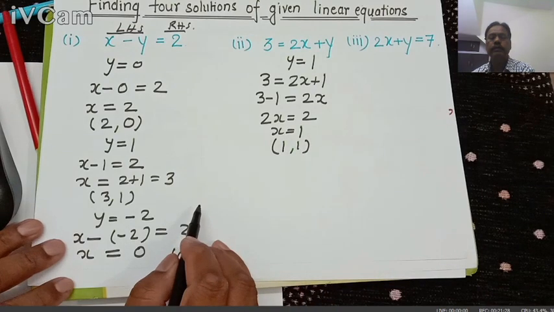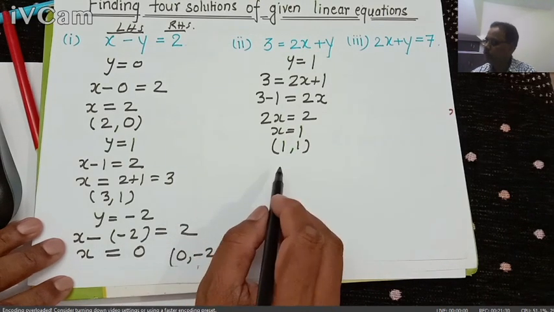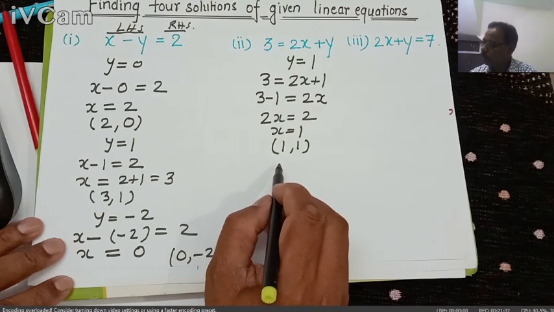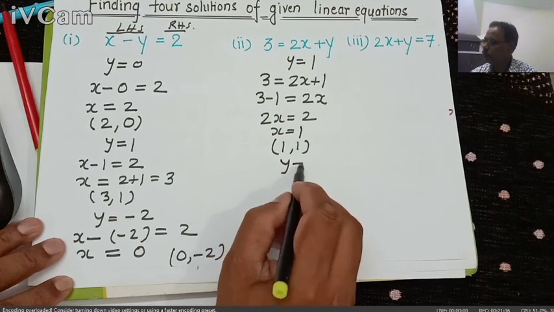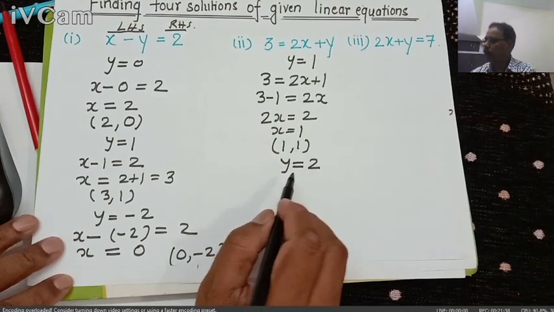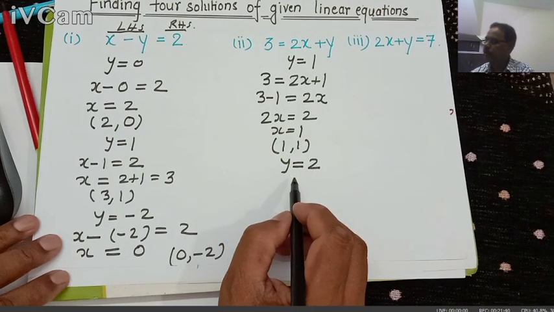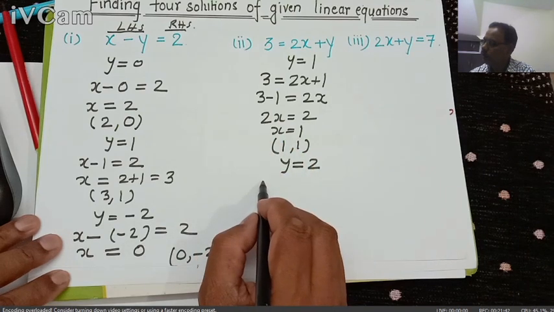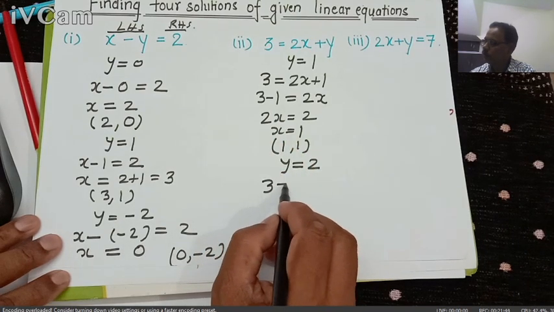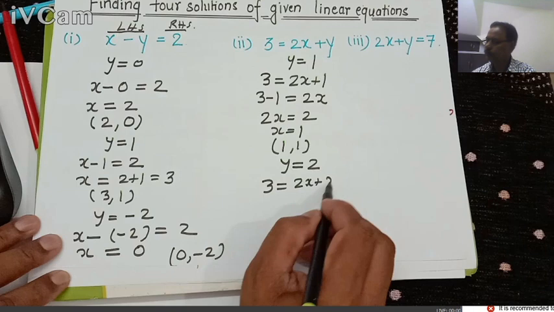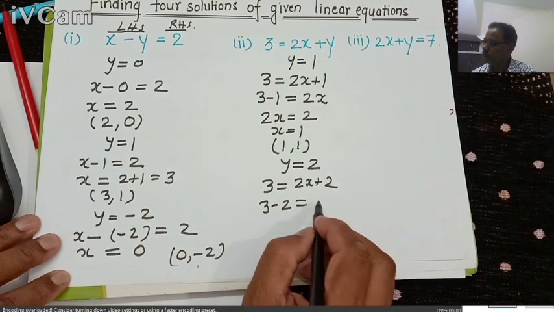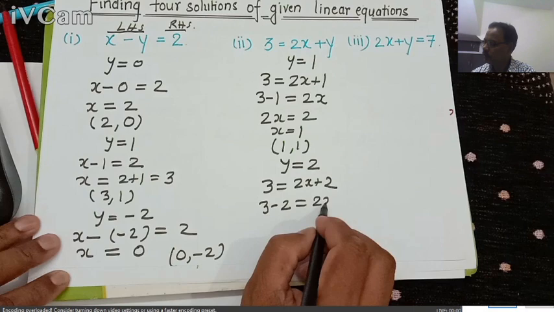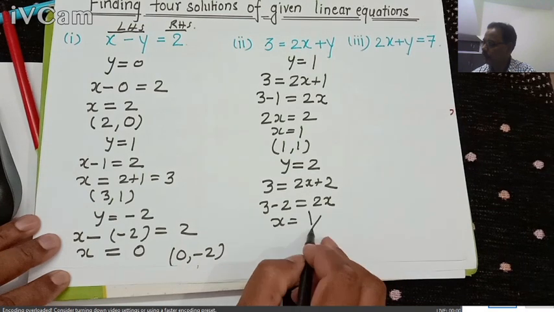Now the next, we want to find out the next solution. Let us put y equal to 2. Understand? So 3 equal to 2x plus 2. 3 minus 2 equal to 2x. So x equal to 1 by 2.